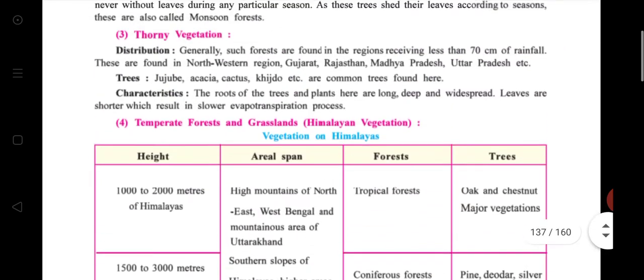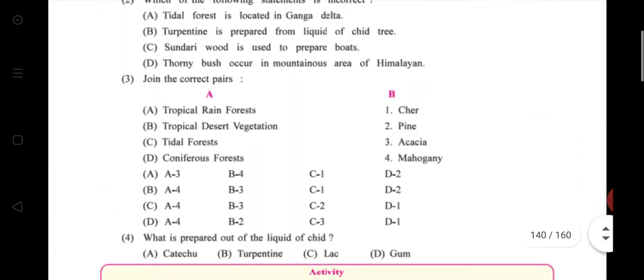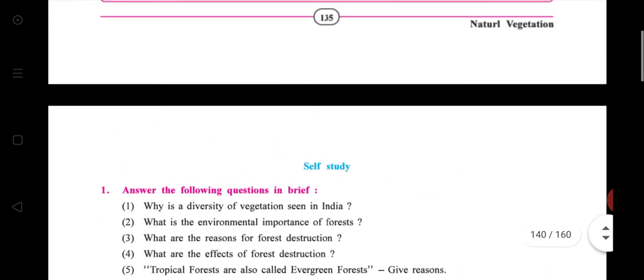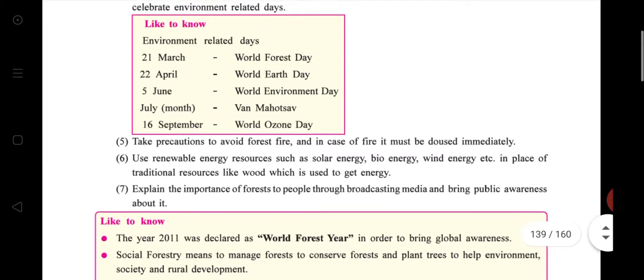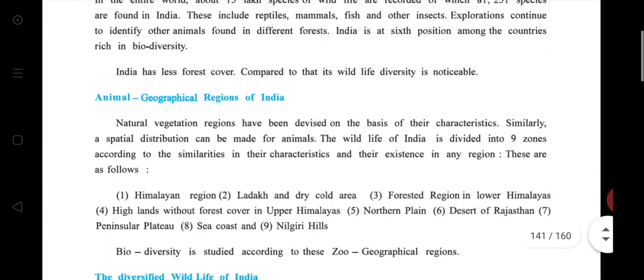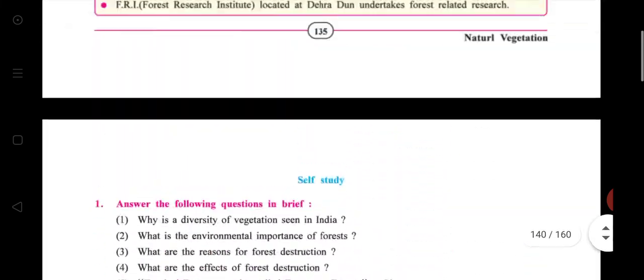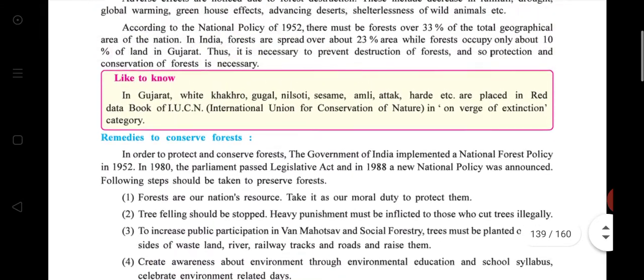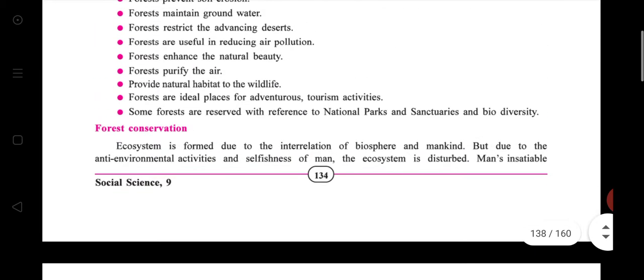No, sorry. Okay. This whole chapter is important. Not only one topic or two topics, but mostly every topic is useful for examination and it is also very important in our routine life.